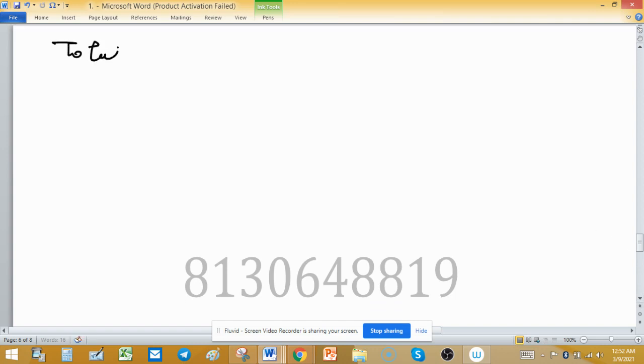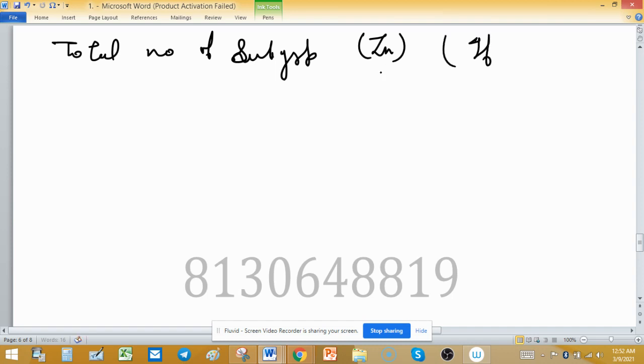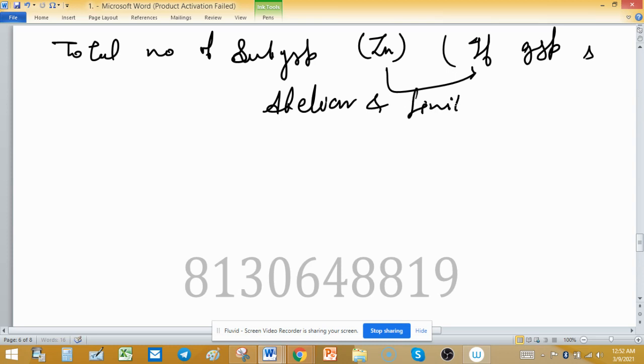Total number of subgroups of Zn, if the group is abelian and finite, is the product of (ai plus 1).